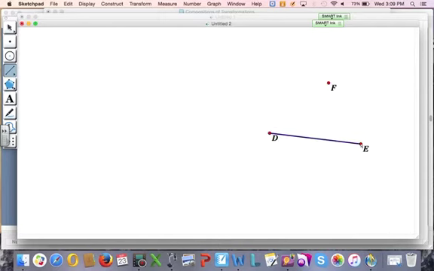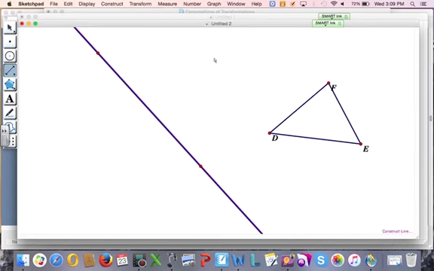Now I connect the dots. There's triangle DEF. It's asking me to draw two intersecting lines and label them J and K. So here's a line, and there's a line, and J and K are their names.